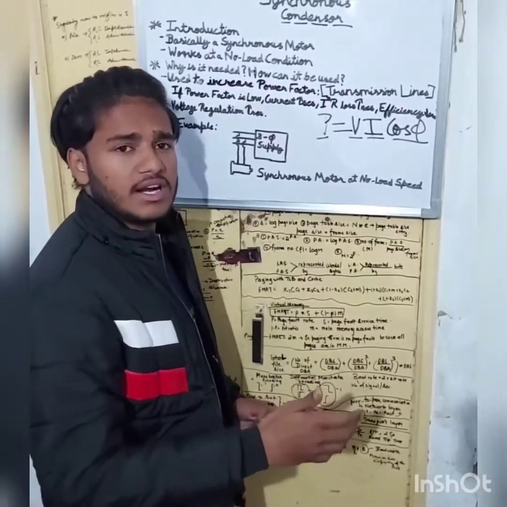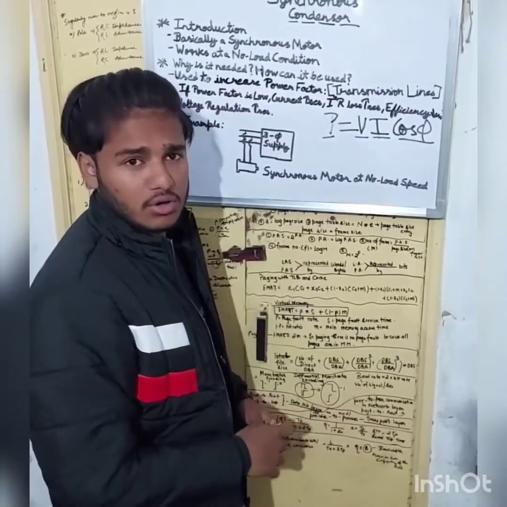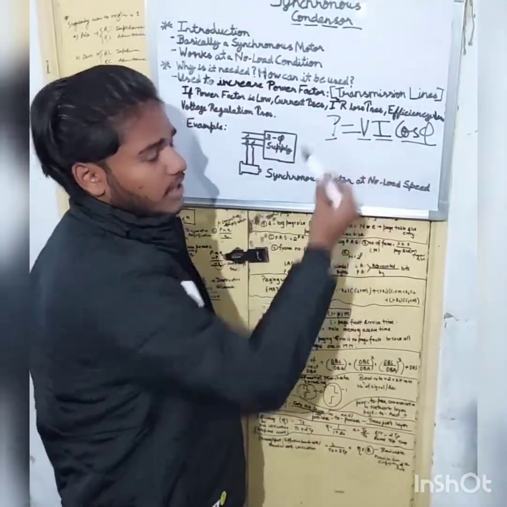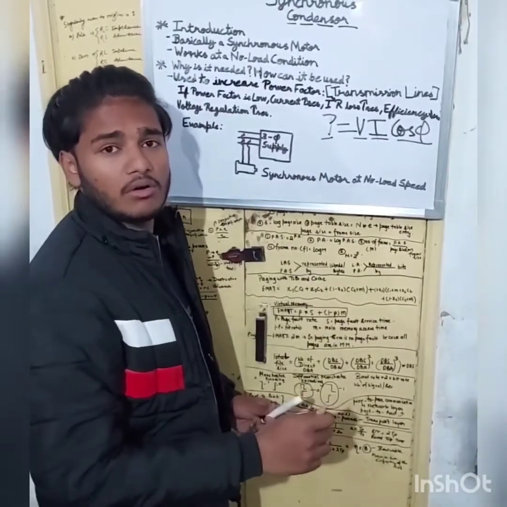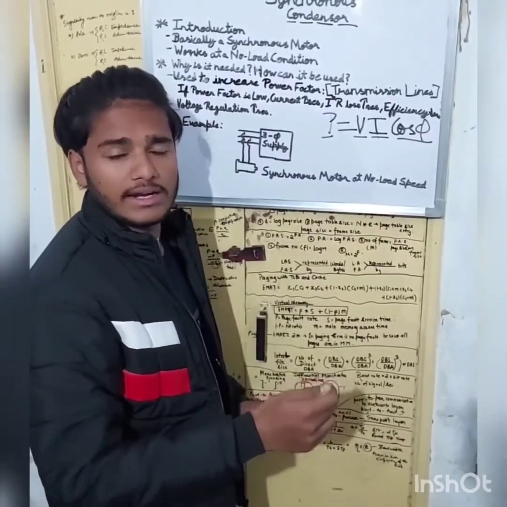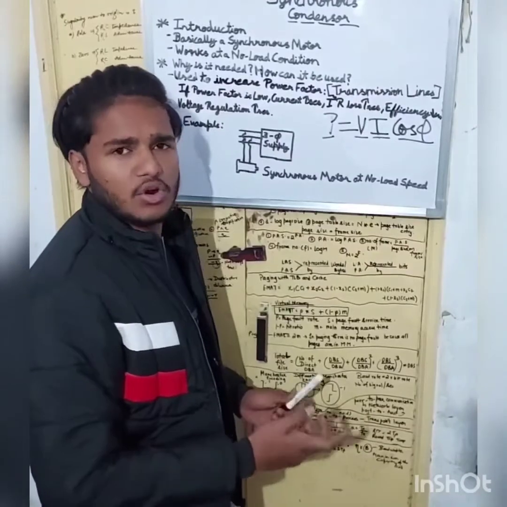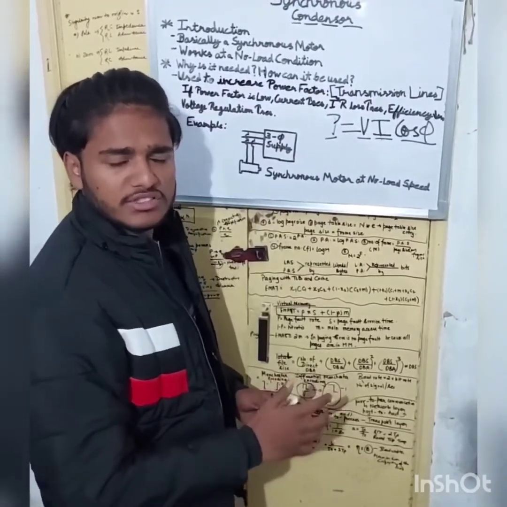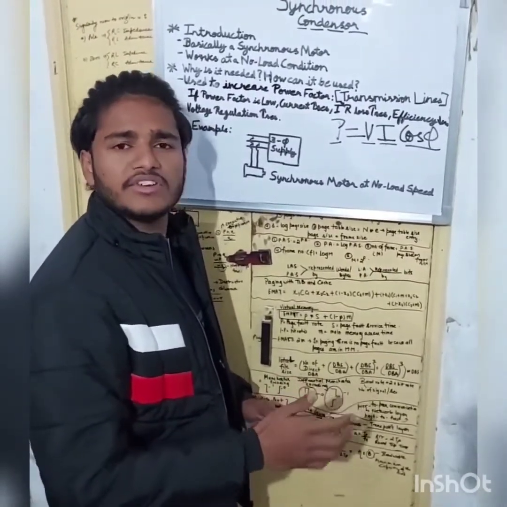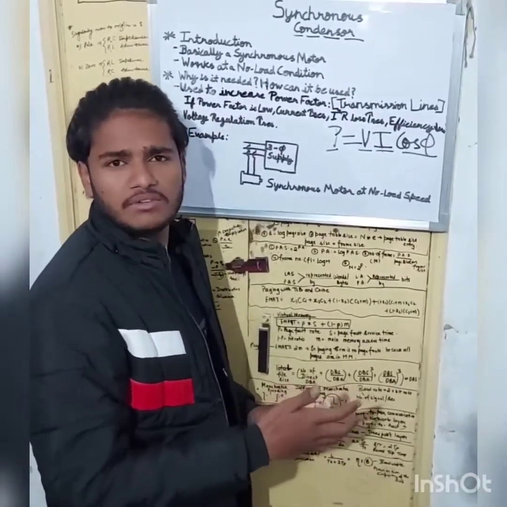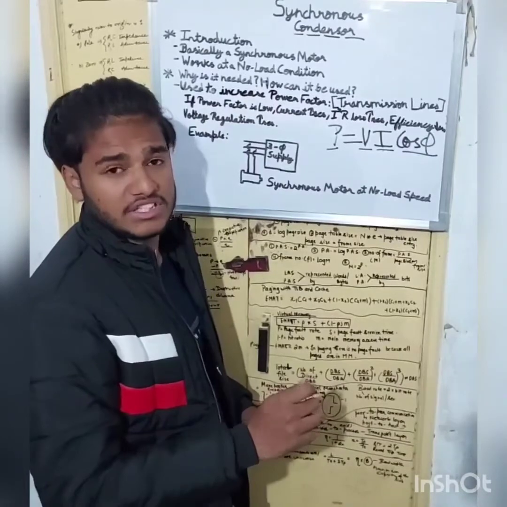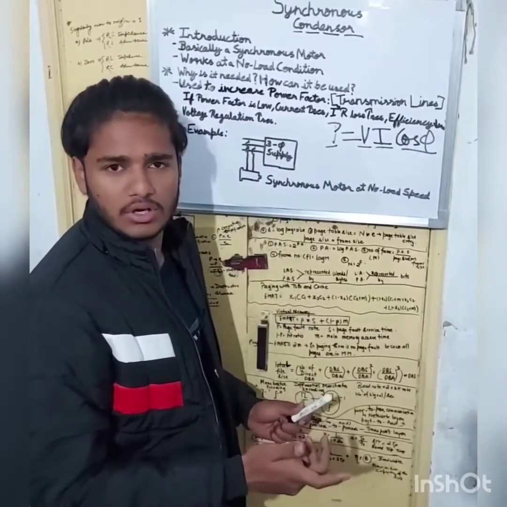This would result in a subsequent increase of the value of current, which will eventually lead to the increment of I square R, or current losses. And as we know that losses and efficiency are inversely proportional to each other, this would lead to the subsequent decrement of efficiency, which is bad for us.